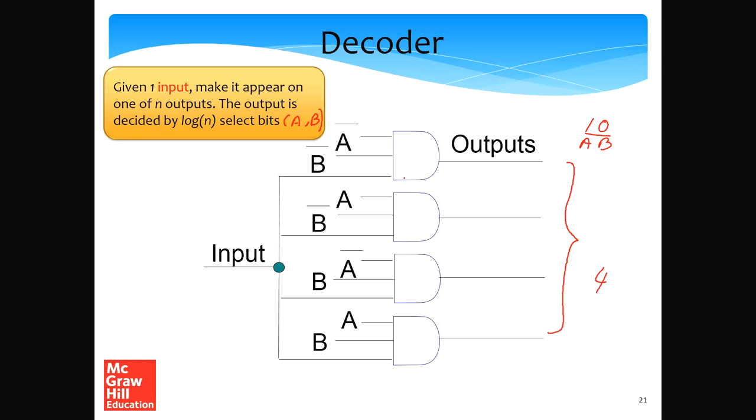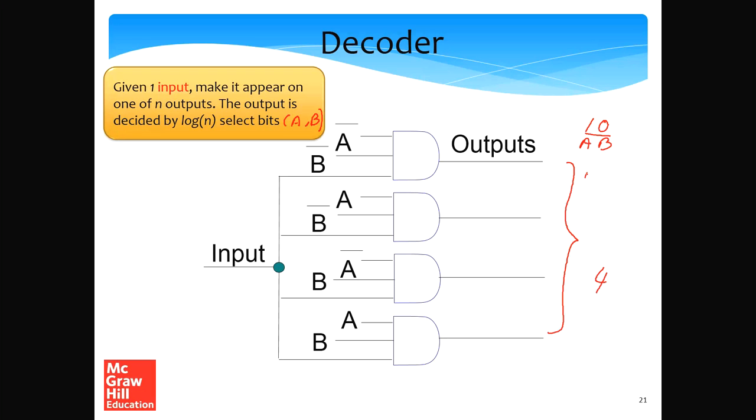The way this works is very similar to the way the multiplexer used to work. In this case, we generate the 4 combinations for A and B: A bar B bar, A B bar, A bar B, and A B. Bar means complement. Then only one of the combinations is true. In this case, which combination is true?